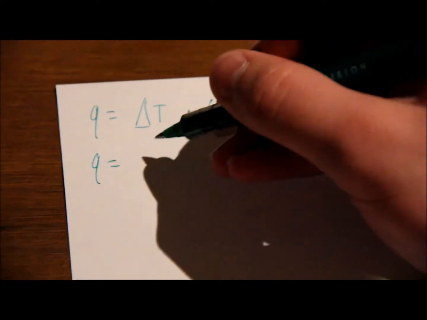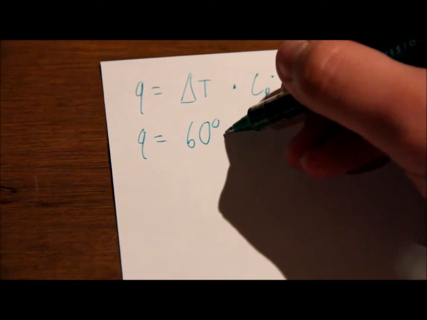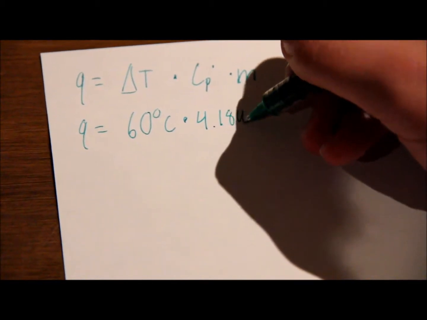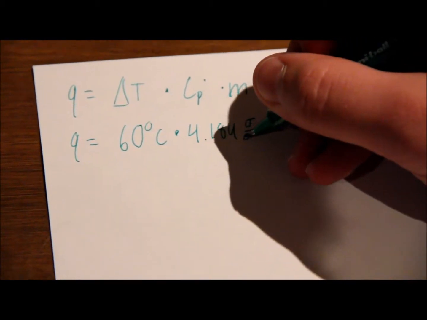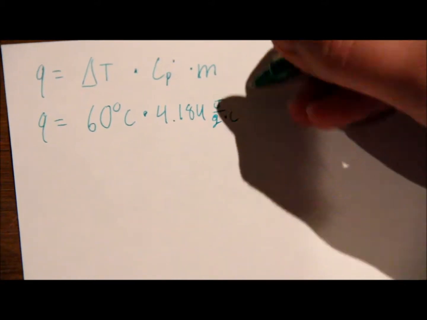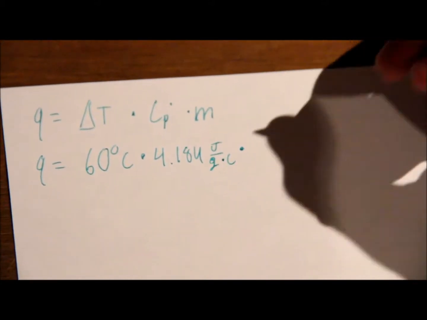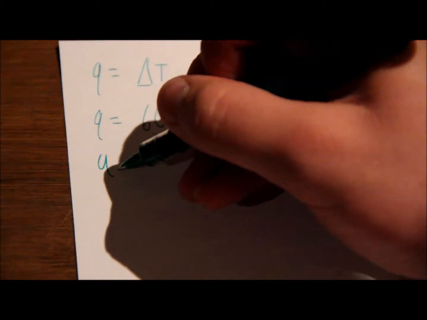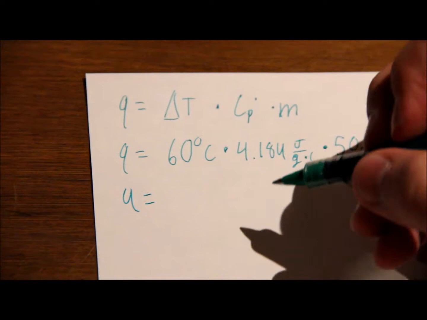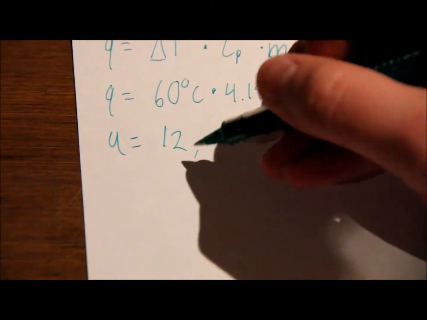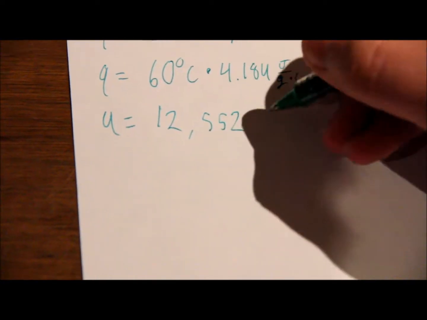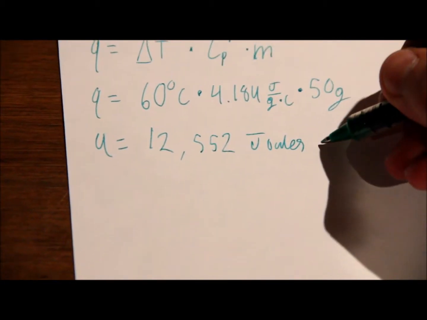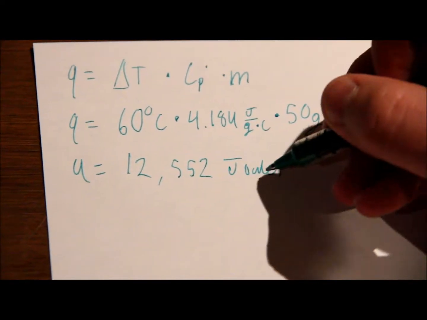We want a 60-degree change Celsius, and the specific heat of water is 4.184 joules per gram Celsius. We multiply by the mass of the water, which is 50 grams. This should yield 12,552 joules.